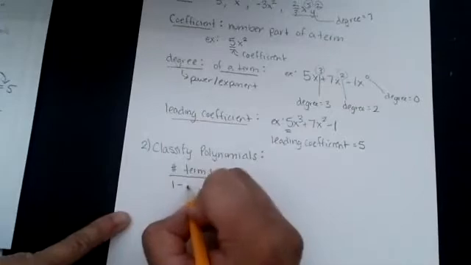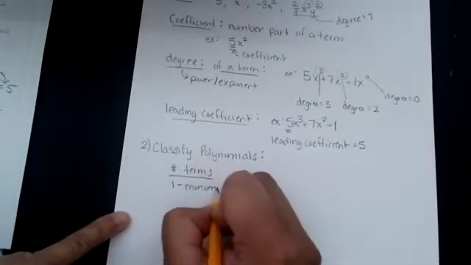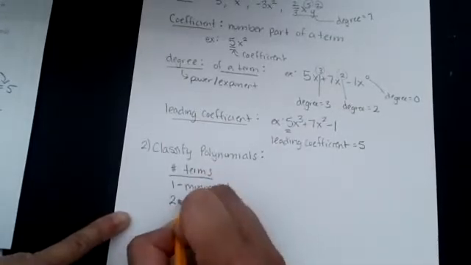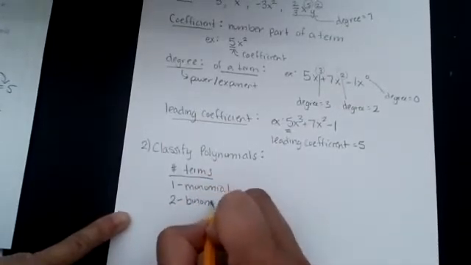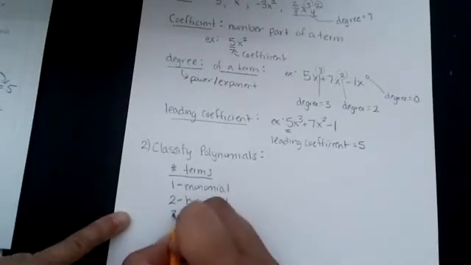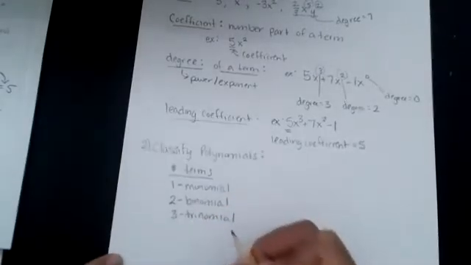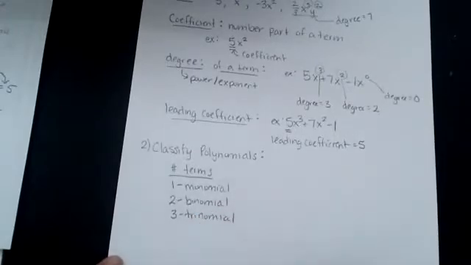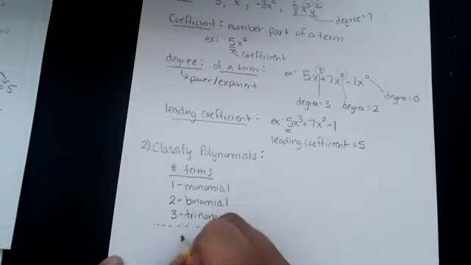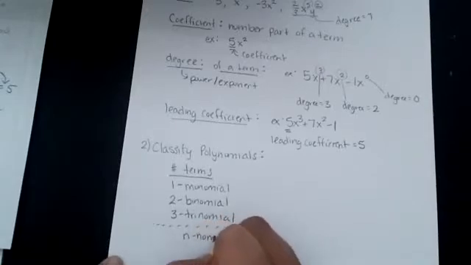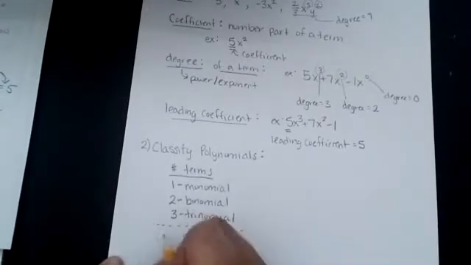If you have one term, that's called a monomial. If you have two terms, that's called a binomial. If you have 3 terms, it's called a trinomial. And if you have 4 terms and so on, we just call it the n-nomial for whatever number after that.